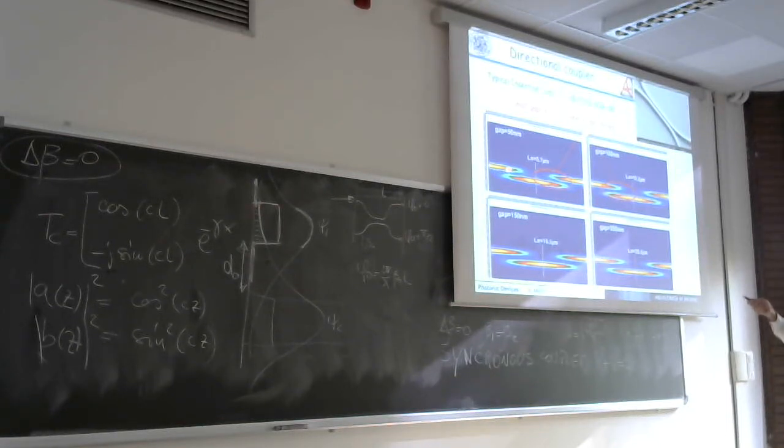You see here it's not very clean, it's something distorted. This is really the signature of a very strong perturbation, so the excitation of higher order modes that are radiative, that are leaky, that are not very good.